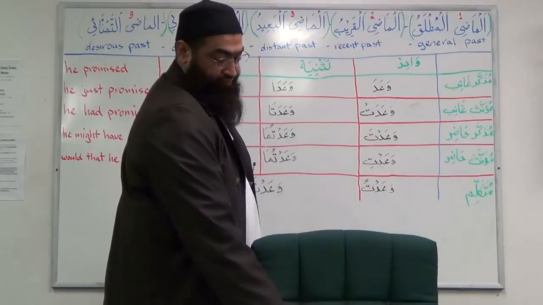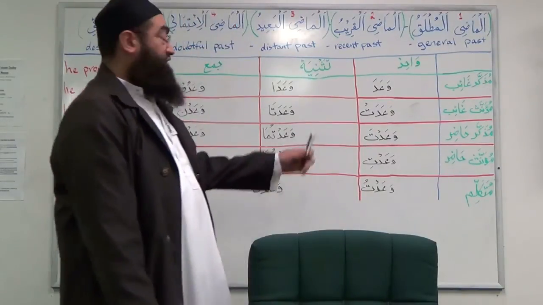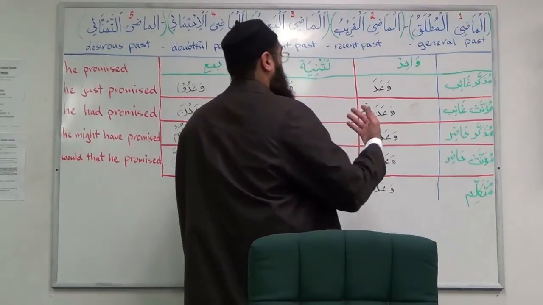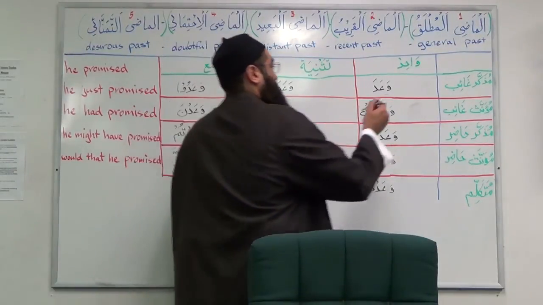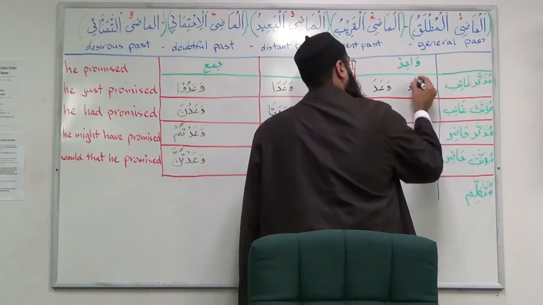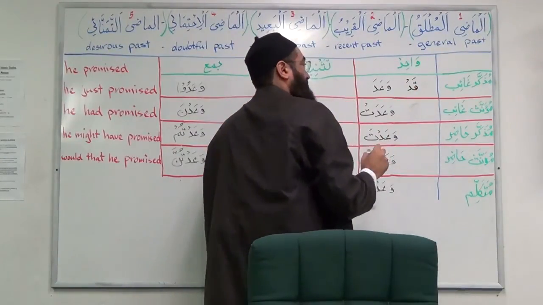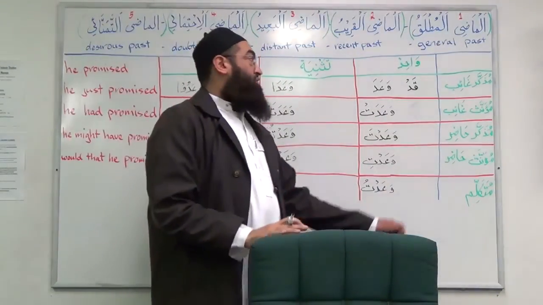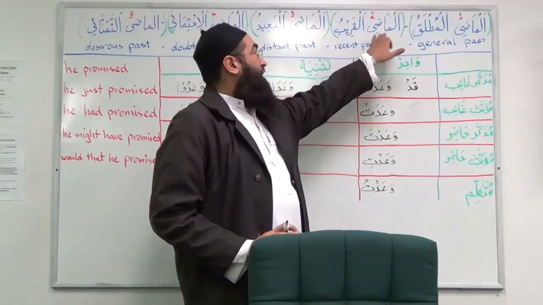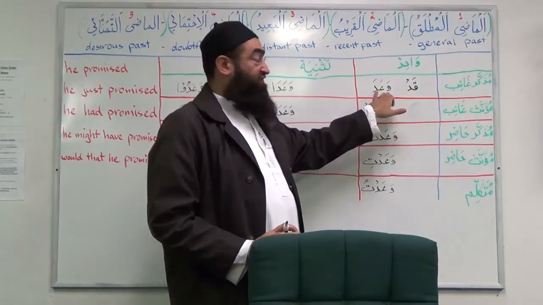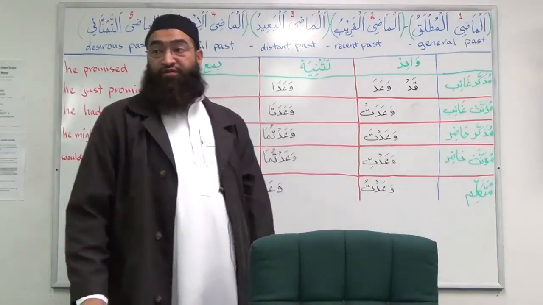Another thing on this is, okay, let's just leave the word qad on there. Qad wa'ada means he just promised. Now, Madi Qareeb is also the active voice and also the passive voice.